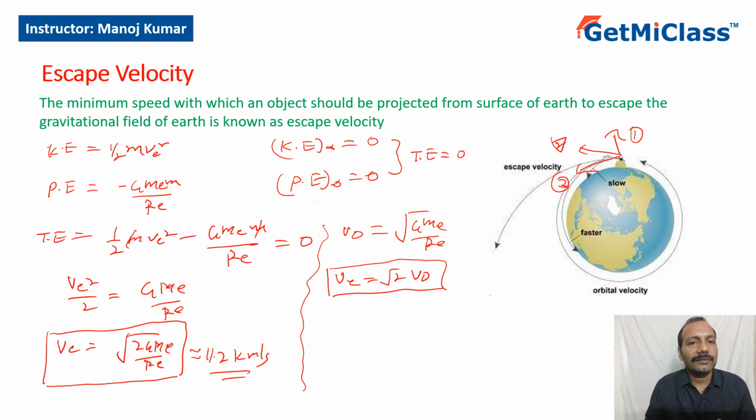Then we have seen escape velocity. Escape velocity is the minimum speed with which an object should be projected from the surface of a planet so that it escapes the gravitational field of the planet. This also depends only on the mass of the planet and the radius of the planet. It doesn't depend on anything else, not even on the mass which is projected.